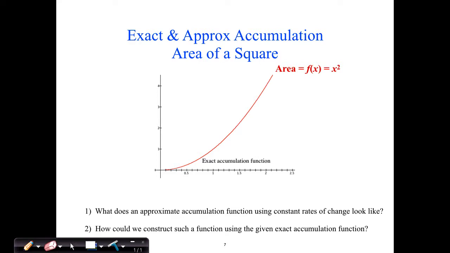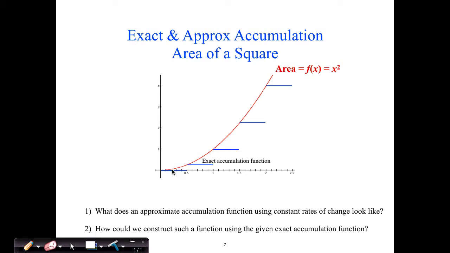This is exact. This doesn't have constant rates anywhere. I could zoom in super close and see approximately constant rates, but what do constant rates of change look like if I'm looking at the accumulation function? What would I need to see in order to zoom in close enough to know I have an approximately constant rate in a moment? Straight lines? Straight lines how? Like that?